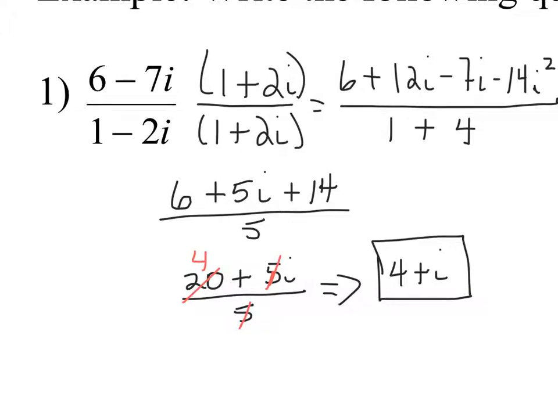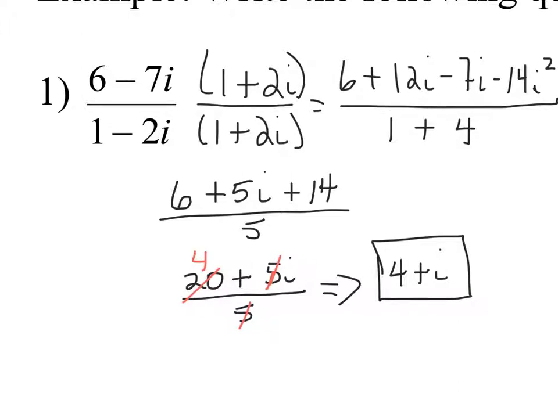First of all, I have multiplied this complex number expression, and I've multiplied the denominator by its conjugate. I've also multiplied the numerator by the same conjugate. So what I ended up with was 6 times 1 is 6, 6 times 2i is 12i, negative 7i times 1 is negative 7i, and then negative 7i times 2i is negative 14i squared.